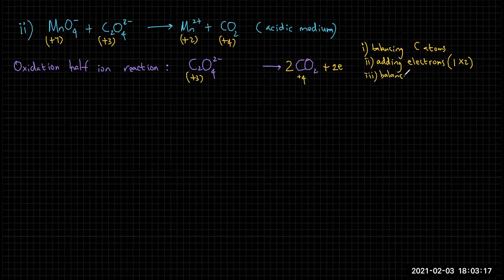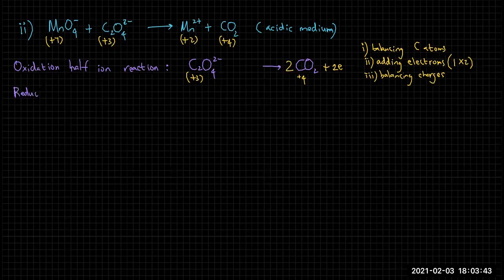If you look closely, everything is balanced: 2 carbon, 4 oxygen, and minus 2 is the charge. It's already balanced. And then next we have to go for the reduction half ion reaction.